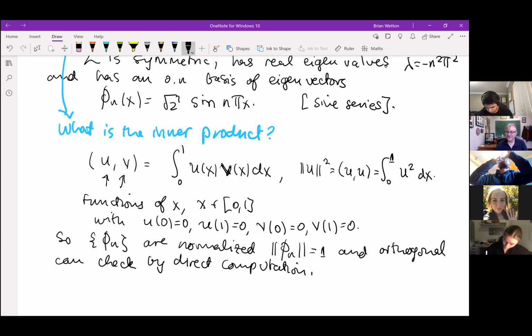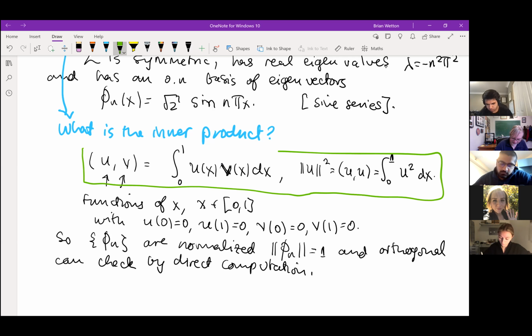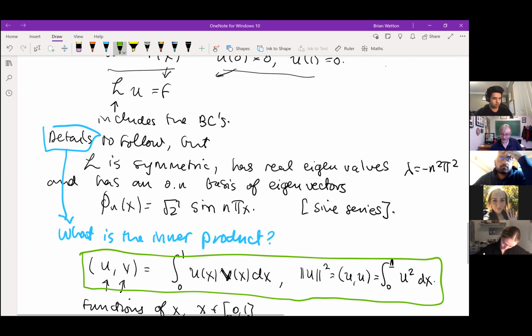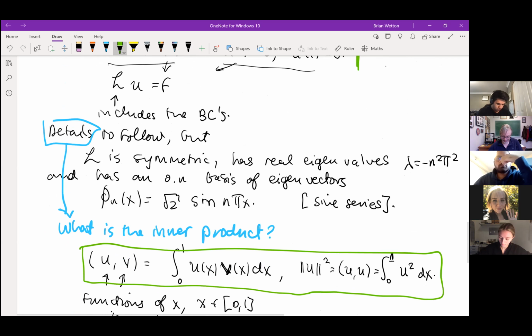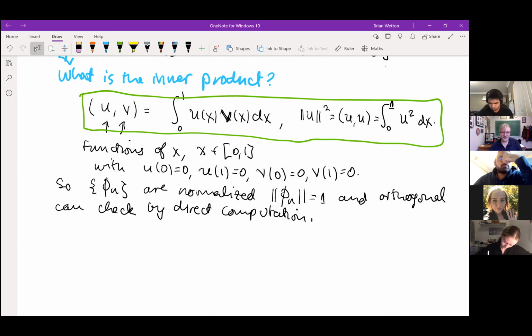Oh, there's a question. Are U and V given in this context here? Or will we be finding them? So now I'm just defining an inner product. U is the only thing that we want to find, solving our boundary value problem, the same one we started with last lecture. But I'm going to find it in terms of sine series.